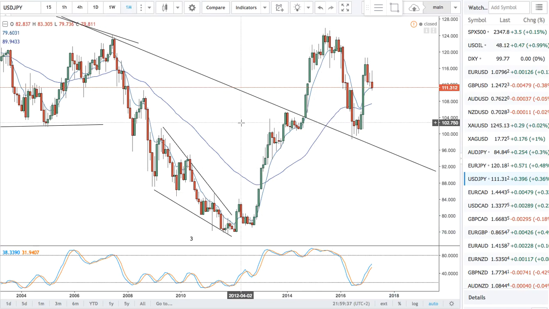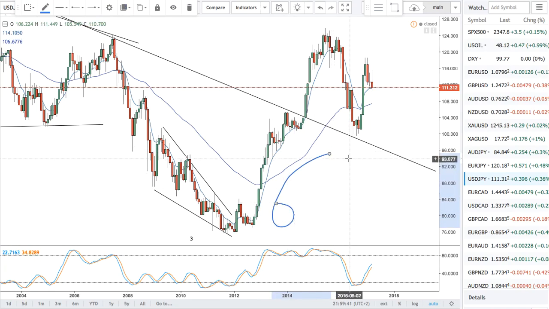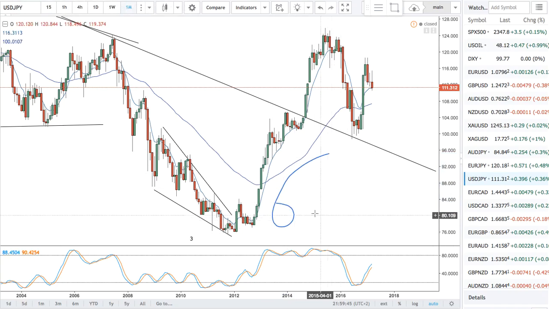Bullish sentiment in the yen is right now at 61% or so, above 60%. That's by no means an extreme, but with the expected return of dollar strength, I would like to see this continue up from here.